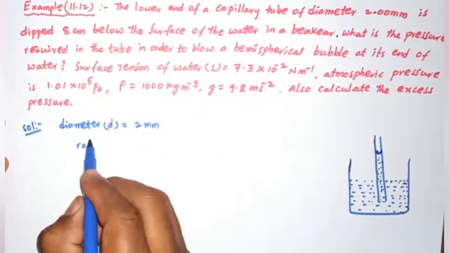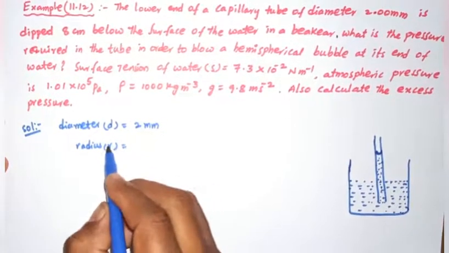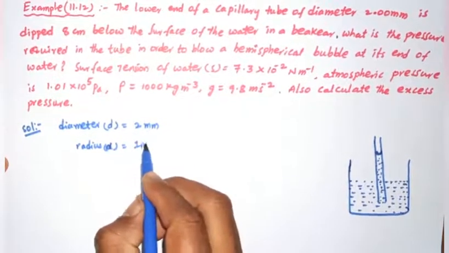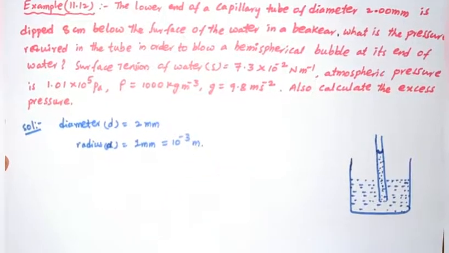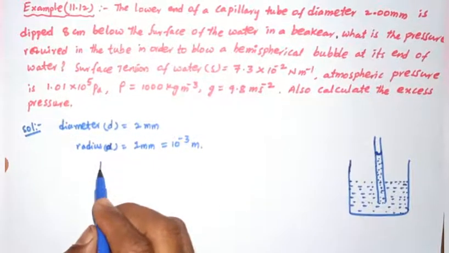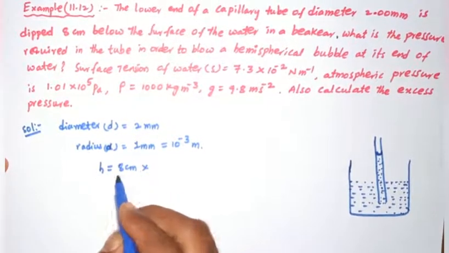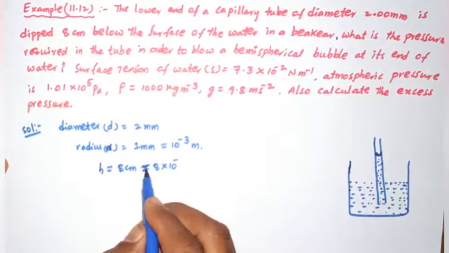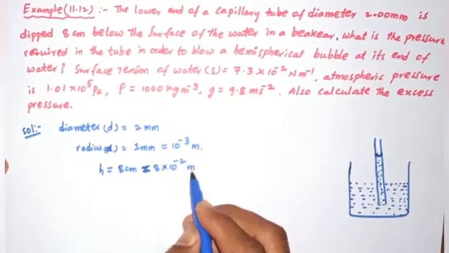Then the radius R equals 1 millimeter, that equals 10 to the power minus 3 meter. Next, the depth is 8 centimeter, so 8 into 10 to the power minus 2 meters.